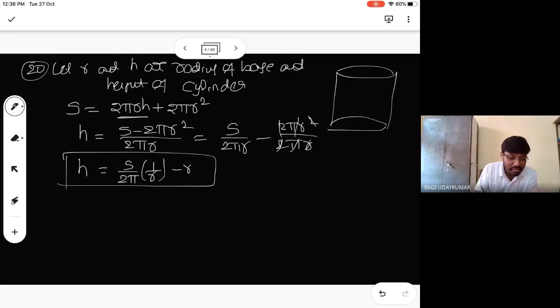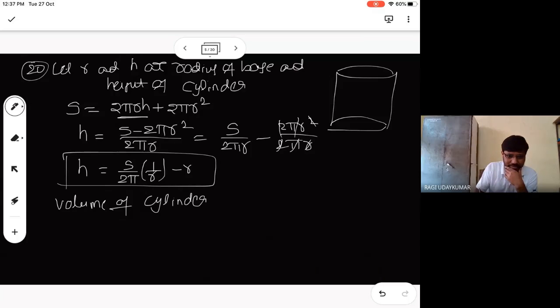What is to be maximized? The volume. What is the formula for the volume of the cylinder? As mathematics students you need to remember all these.